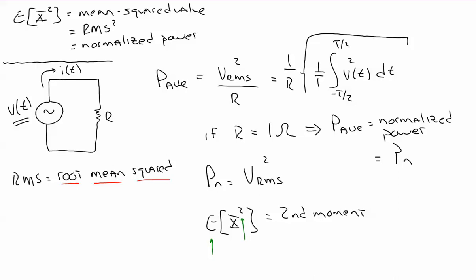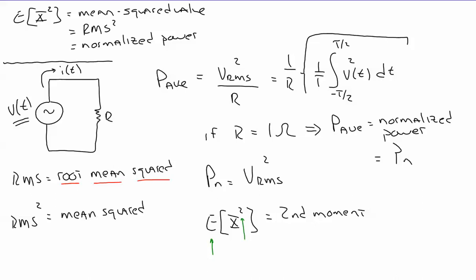RMS squared equals mean squared. Likewise, the second moment is the mean of a random variable squared.